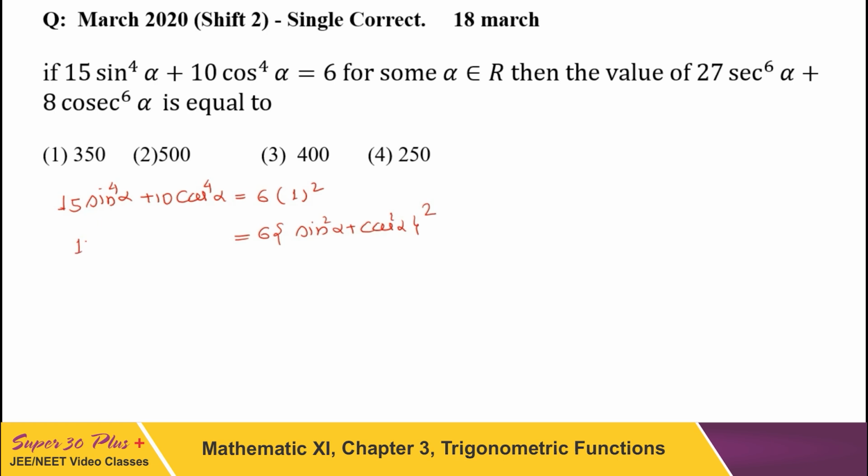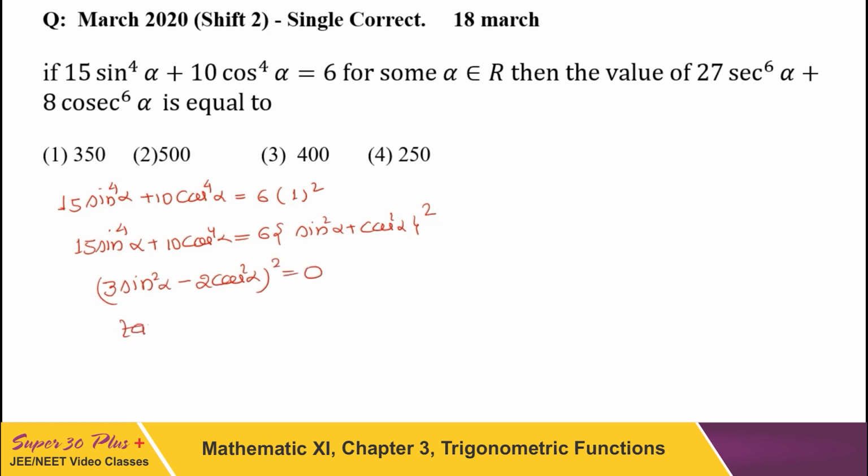After simplification we can obtain that it is 3 sin square alpha minus 2 cos square alpha whole square is equal to 0. Now simplify it.